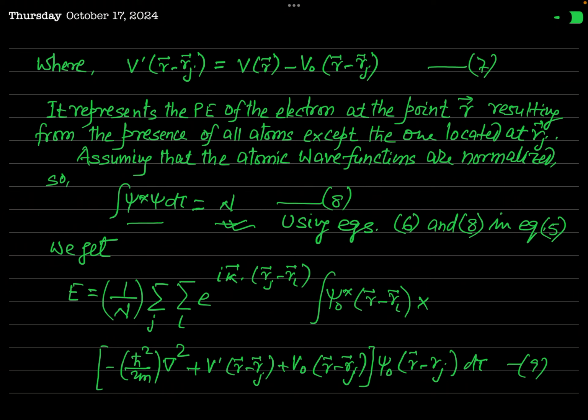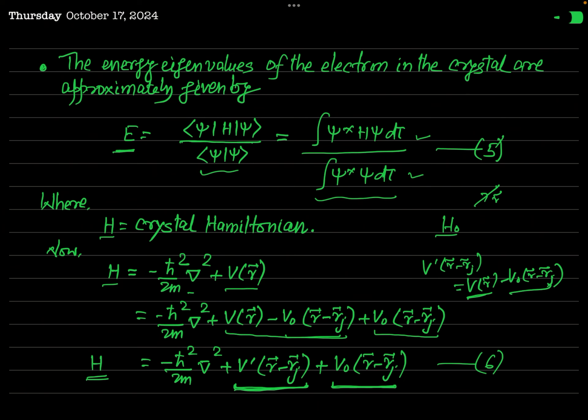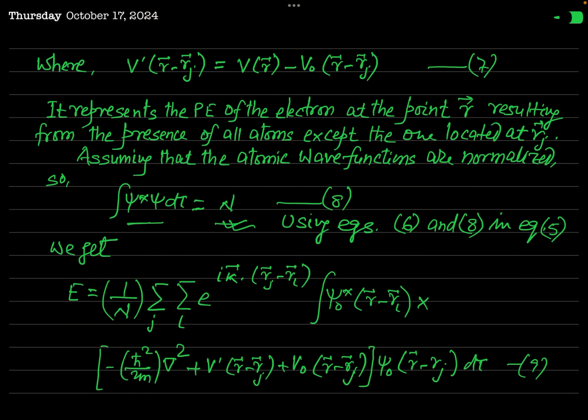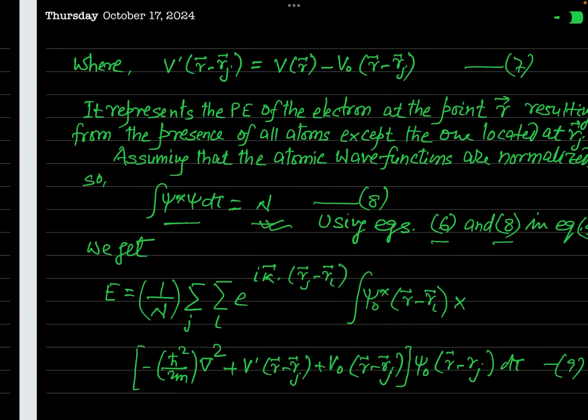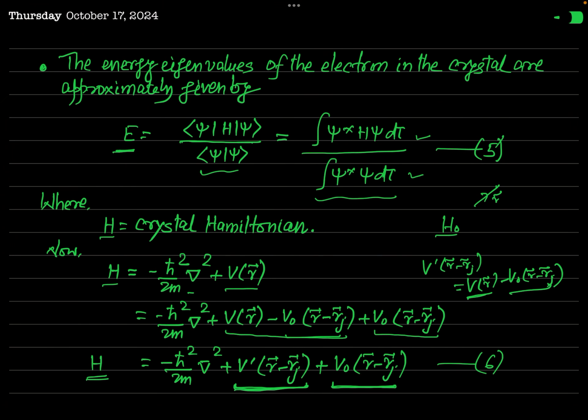Now we will make use of this value of the denominator in equation number 5, and we will also use equations 6 and 8 in equation 5. This is your equation 6. This is how the Hamiltonian of the crystal is defined.